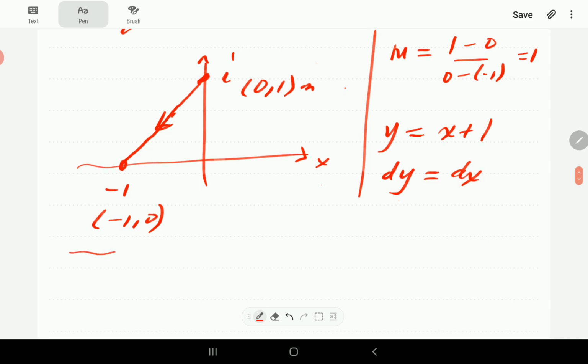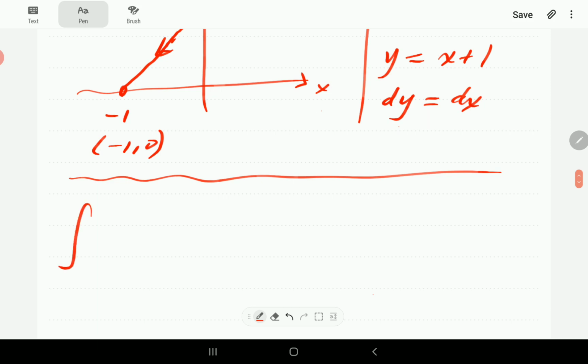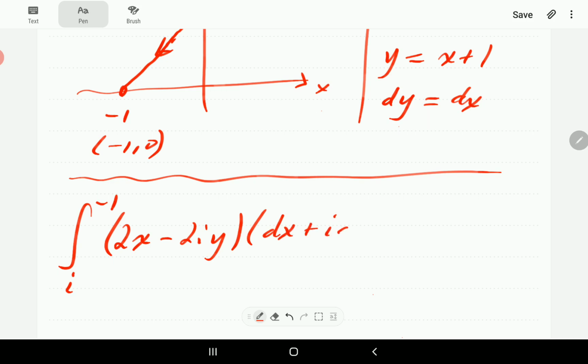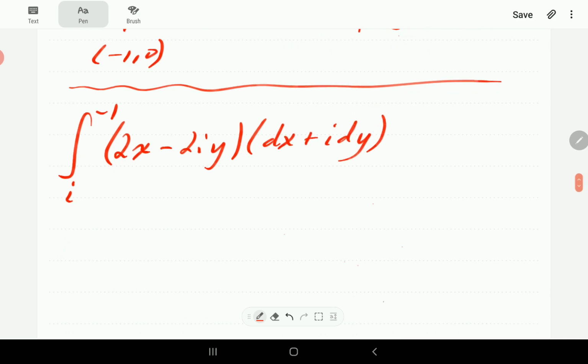So let's see how this works out. That means the integral from i to -1 of 2x minus 2iy dz, where dz is dx plus i dy.